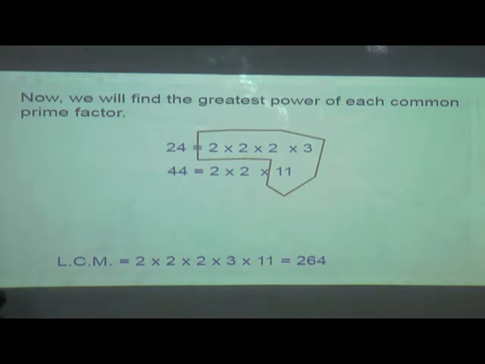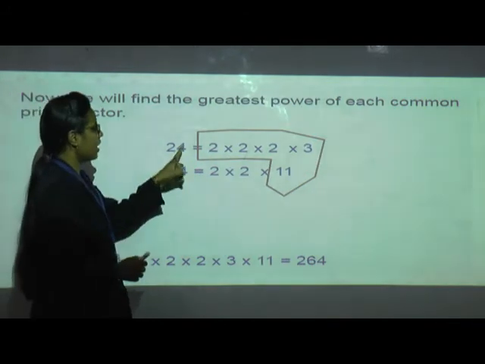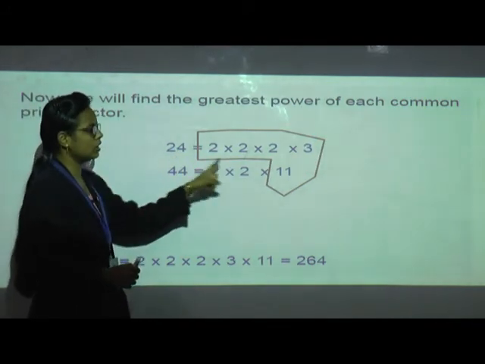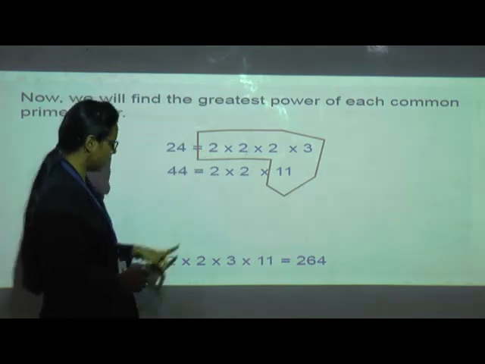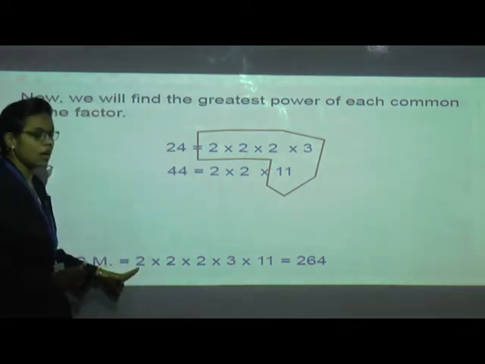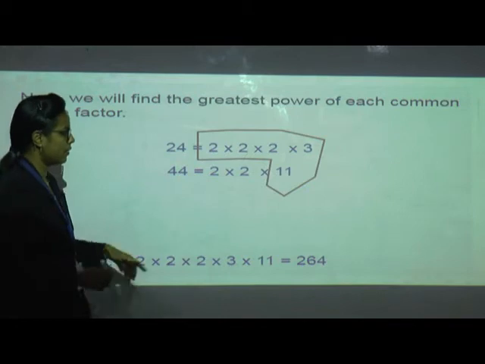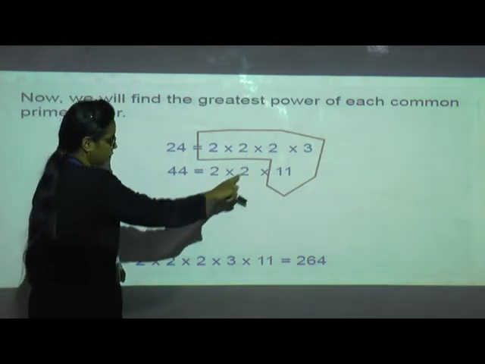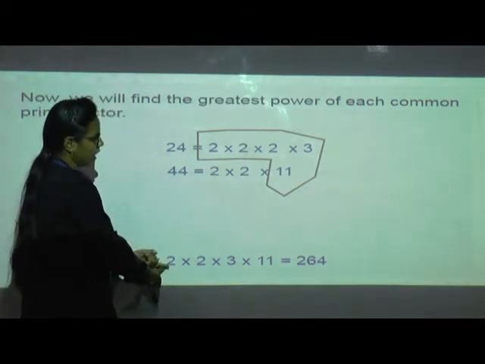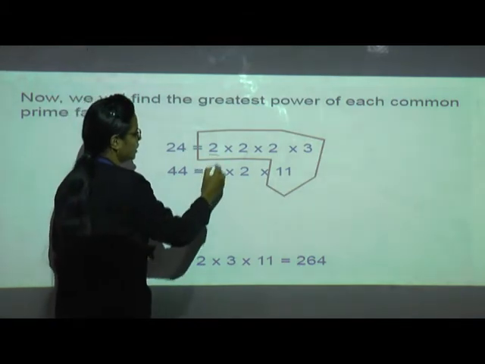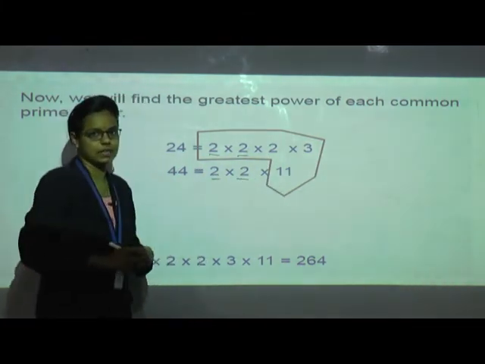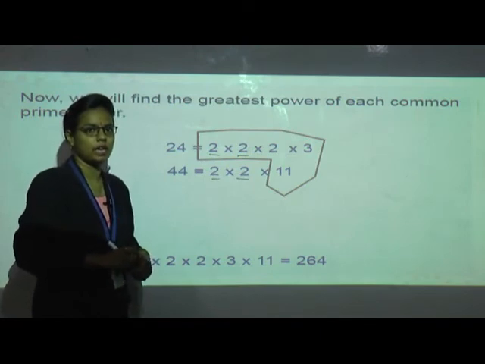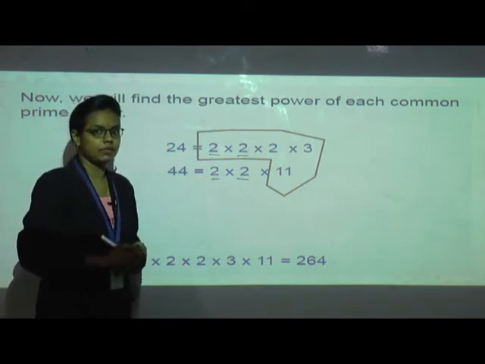Out of the prime factors of 24 and 44, we take only one 2 as a common prime factor, and again one more 2 as a common prime factor. The remaining we take as it is. I will explain once again.